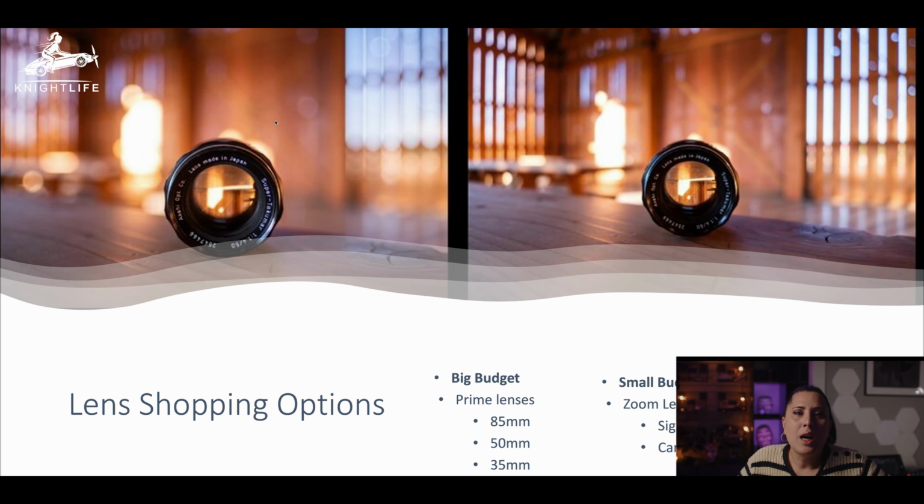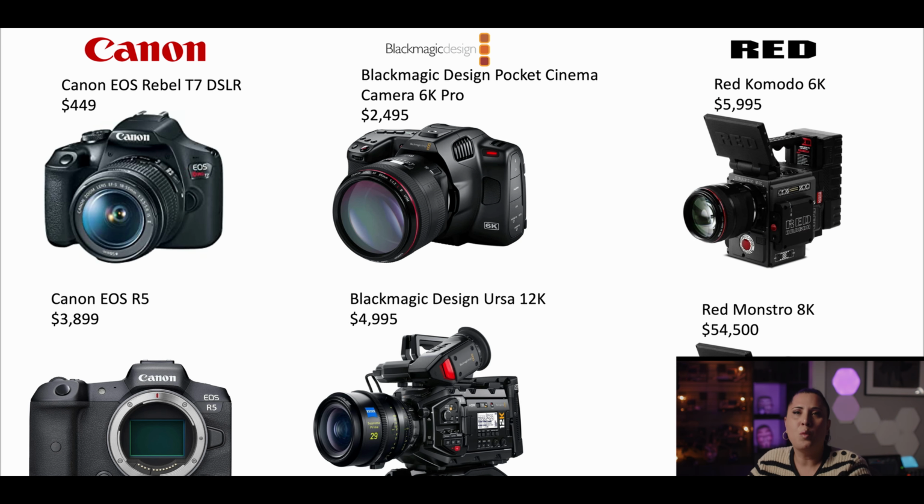All right, lens shopping options. Oh, you know what I should do is tell you what I've gotten and what I recommend. On the bottom of the line, a lot of you who don't care whether you're shooting in 8K, 12K, or 6K, you just want a basic camera, go with the EOS Rebel.